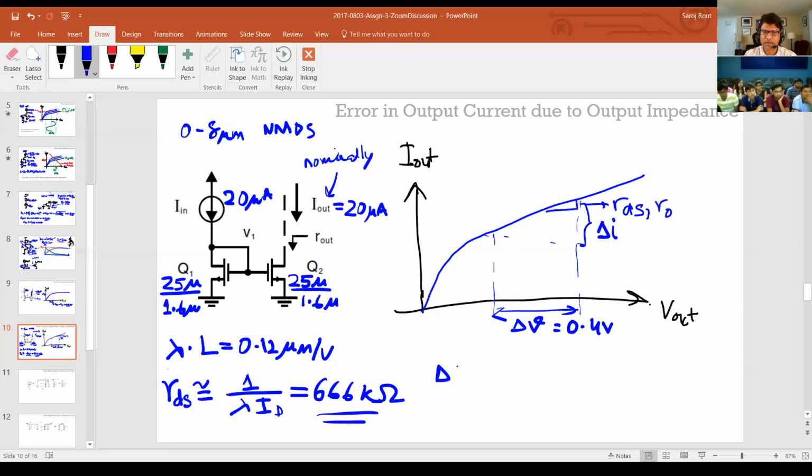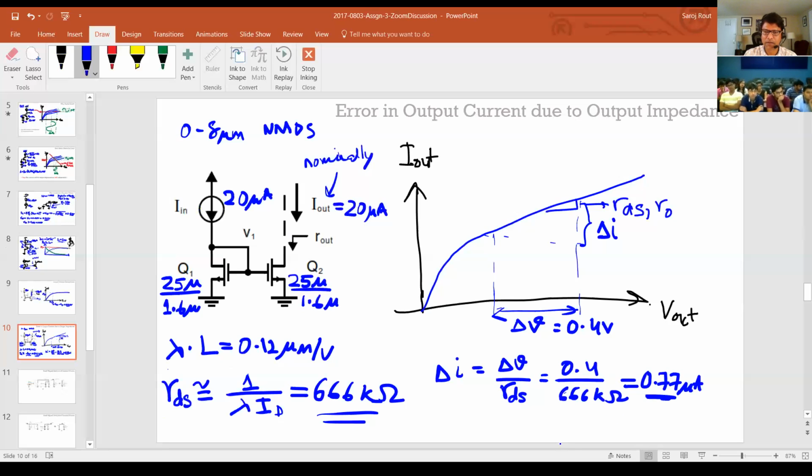So that delta I is nothing but this delta V over RDS, which is 0.4 over 666 kilo ohms, which is roughly 0.77 microamps, right?